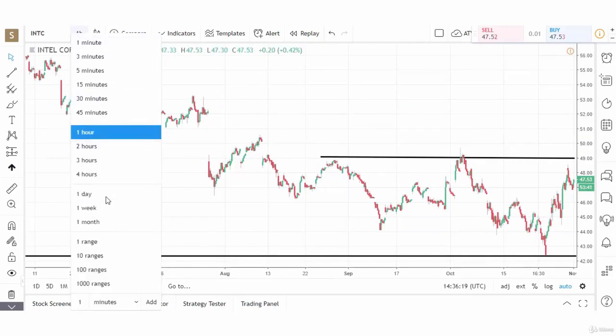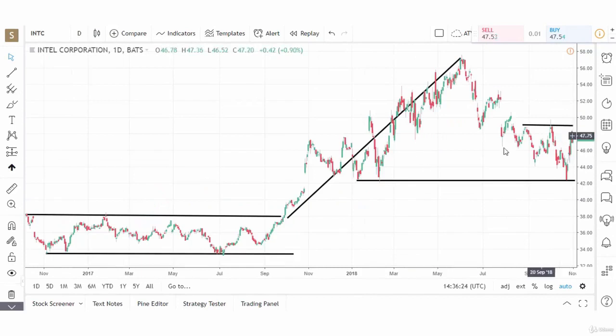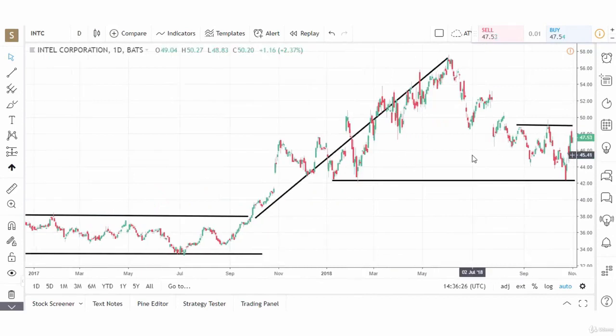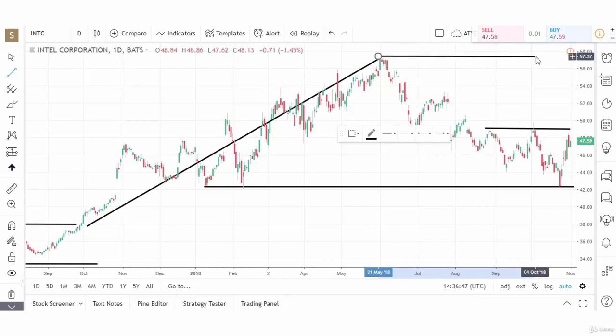And we'll go back to a daily chart, and we see the minor resistance level as the stock is bouncing up in a downtrend. Our major resistance level at this point would be the high that the stock reached just below 58.